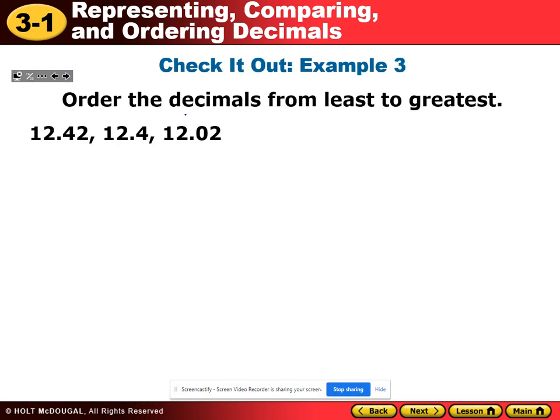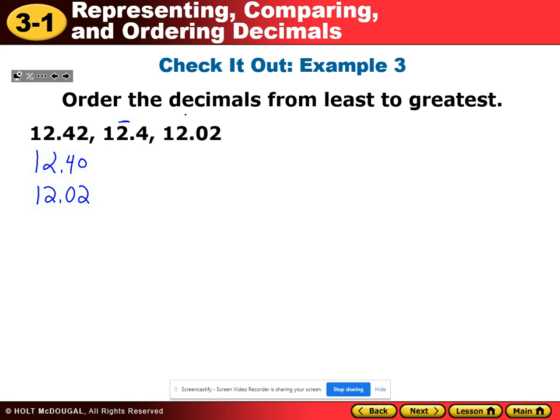So again, if we do that, we'll take this number, 1.2.4, put a placeholder there. Then you put 1.202, all right? And as you look at them, you can see, if you pretend like the decimal is no longer there, 1,202, 1,240, 1,242.